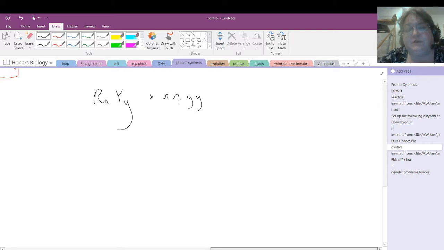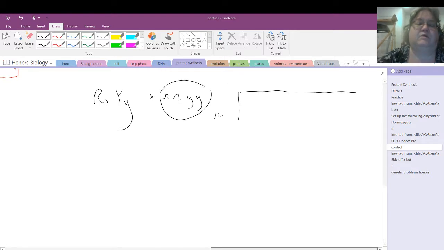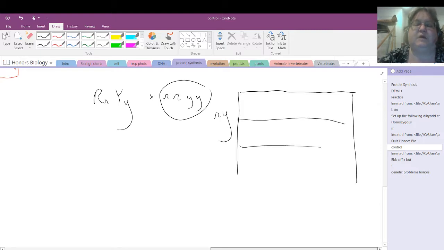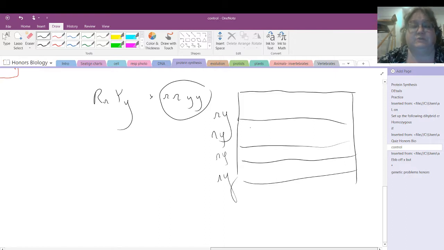Now, this one you could do a Punnett square pretty reasonably fast because this is only going to be little r, little y. So even if you did a 16 square Punnett, you would real quickly realize that all of these rows would have the same gamete. And so they're going to be just copies of what you do above.